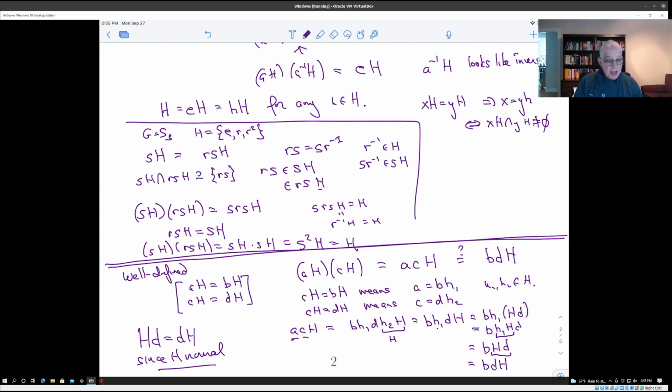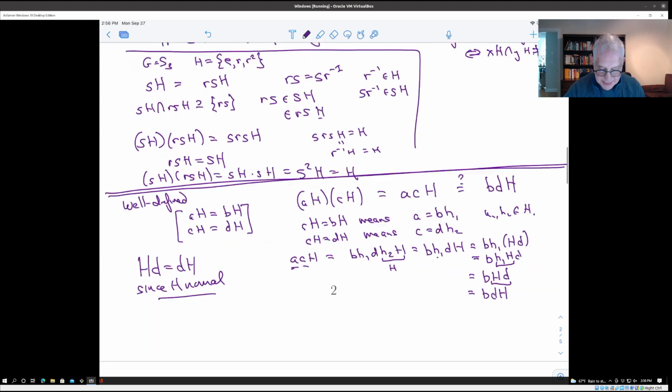If H were not normal, this wouldn't work. What would happen is that when we did ACH, we'd get one answer. But when we did BDH, we would get a different coset. And so it can't be the case that if A equals B and C equals D, you better have AC equals BD, or there's a problem, and that would go wrong. And so it's the normal hypothesis which exactly fixes that problem.